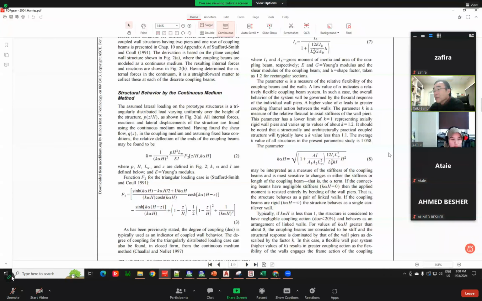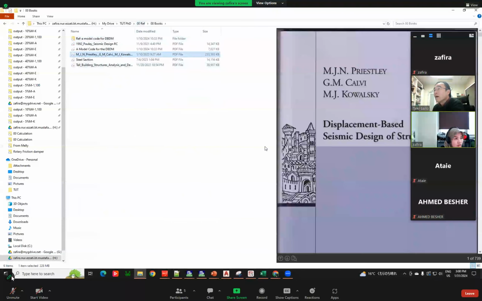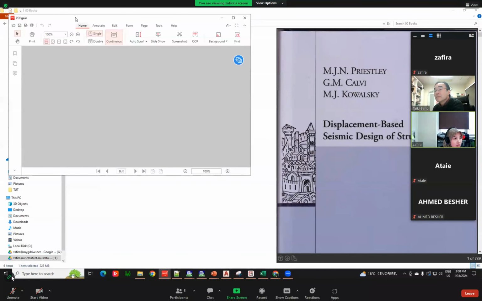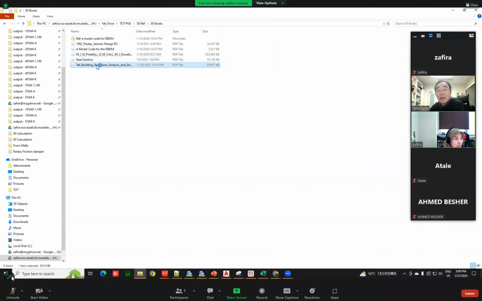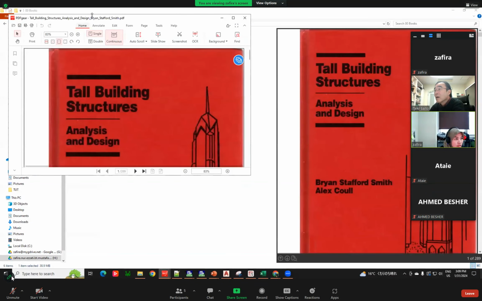I remember you derived a similar equation. Yeah, it's based on the tall building book. I think it's very long. It is explained in this book, but I think last time I simplified it.